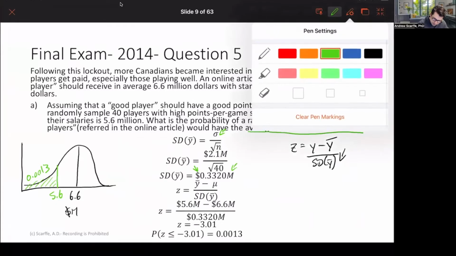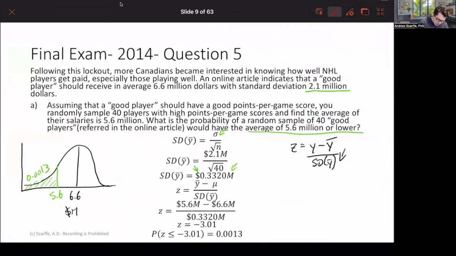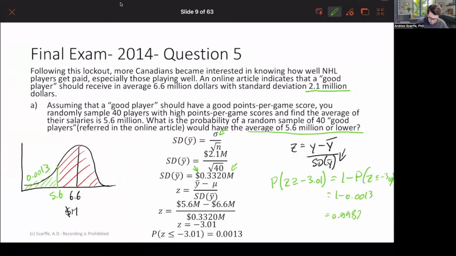If you wanted to ask a question, which isn't in this question, but if you wanted to ask, what is the probability that they make $5.6 million or more? So the probability that Z is greater than or equal to negative 3.01 would just be equal to 1 minus the probability that Z is less than or equal to negative 3.01, which is equal to 1 minus 0.0013. 1 minus 0.0013 gives us 0.997, right?